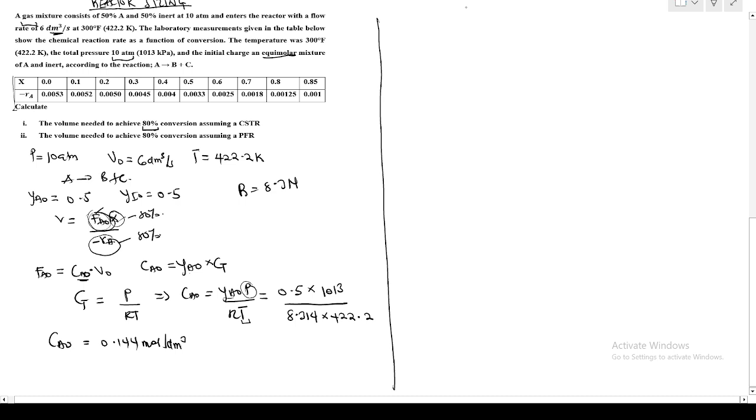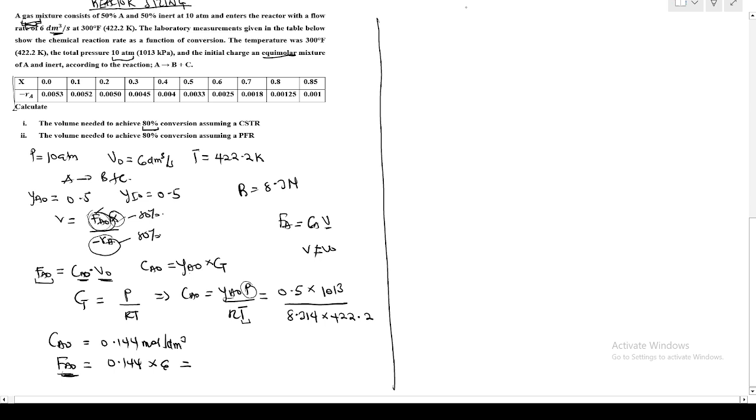But then we need FA naught. So our FA naught here becomes 0.144 times our V naught, which is our initial volumetric flow rate. Initially, the volumetric flow rate was 6 dm cube per second. We need FA naught, not FA. If you had needed FA, then we know that FA is supposed to be CA times V. Then our V here wouldn't be equal to V naught because this is a gas phase reaction, not a liquid phase reaction.